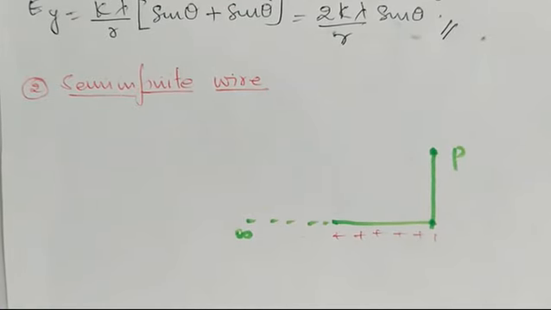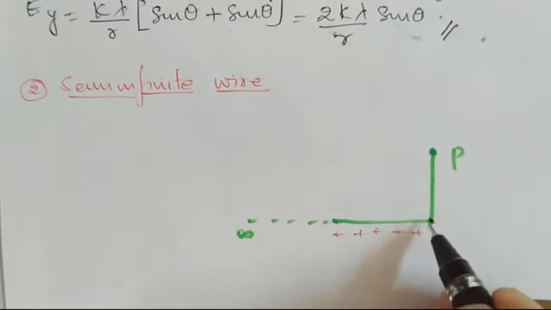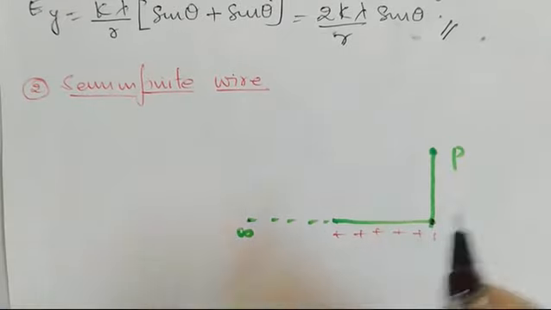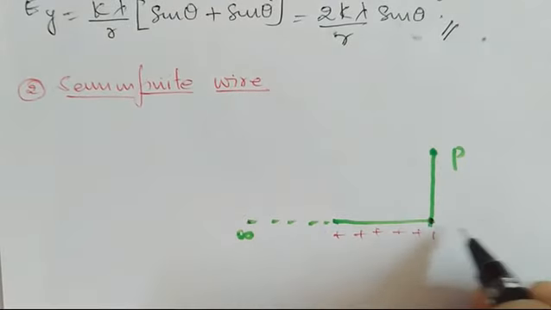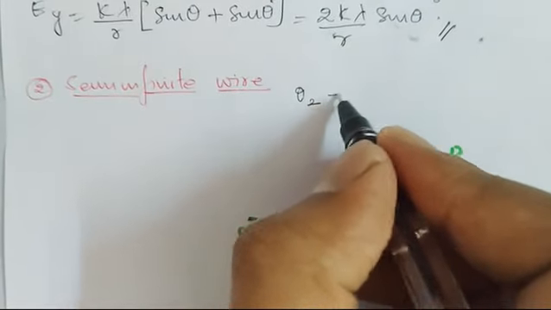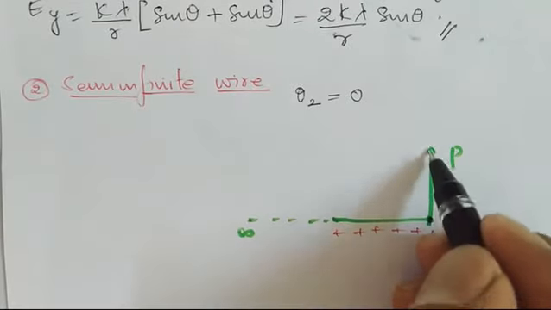Next one is the semi-infinite wire. A semi-infinite wire means from one end it extends up to infinity on the other end. Now see, theta 2 becomes 0 degrees, that is, this line coincides with this perpendicular line.